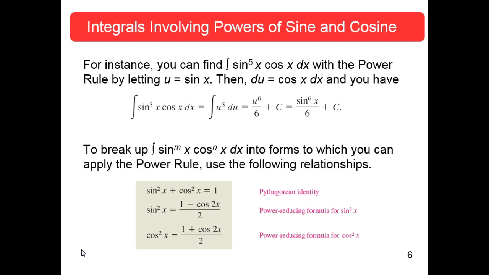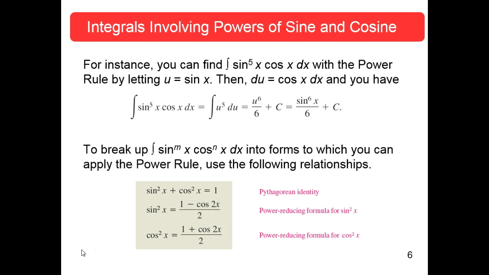Let u equal sine x. Then du, the derivative of sine, is cosine x dx. So this is a substitution problem. Okay? Strictly a substitution problem.